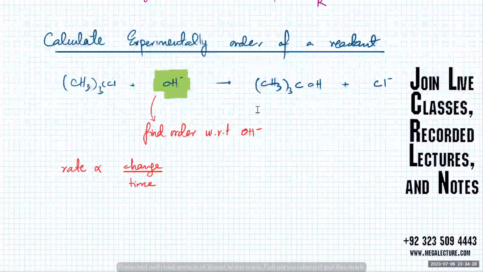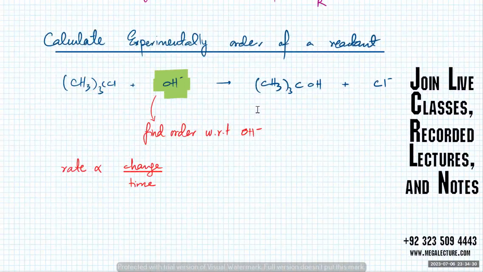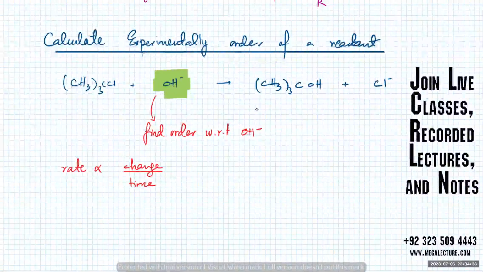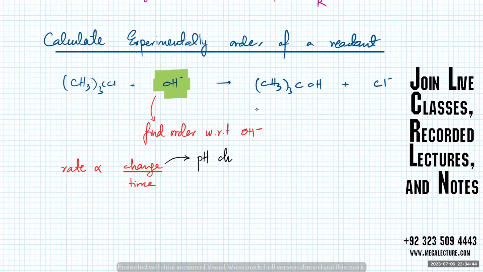For example, you've got OH ions, right? That means the pH is changing. OH is an alkali, so maybe there's a change in pH. The OH ion will get used up during the reaction.